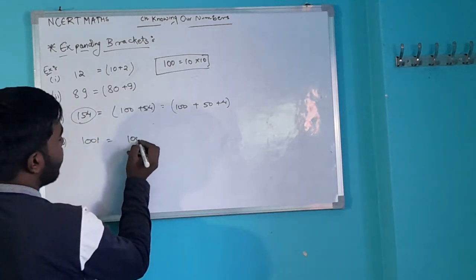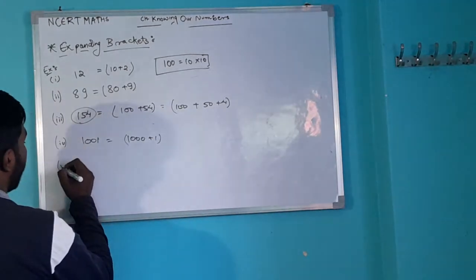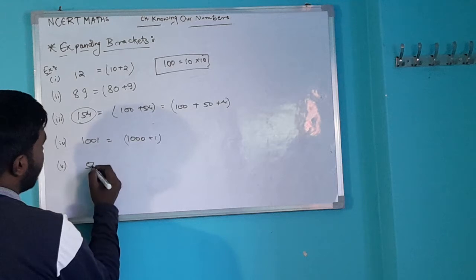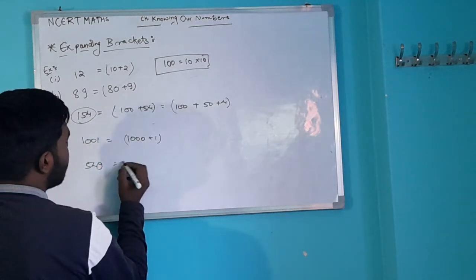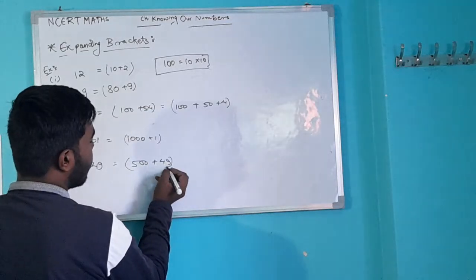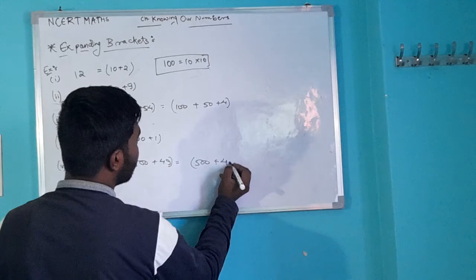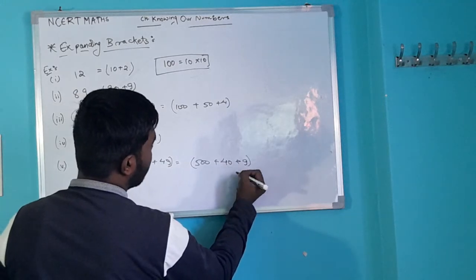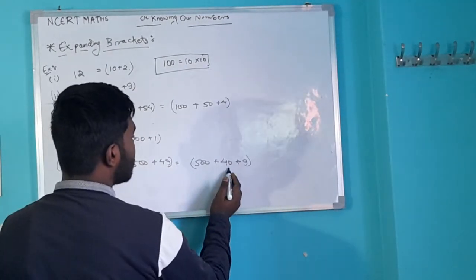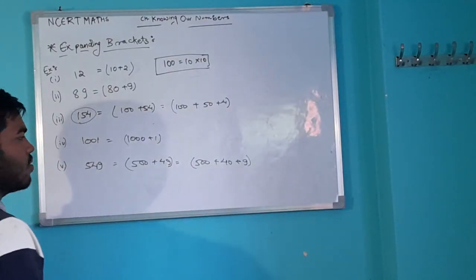We simply express it as 1000 plus 1. Fifth example is 549. We simplify it as 500 plus 49. For further explanation, we also represent it as 500 plus 40 plus 9. These are the examples of expanding brackets.